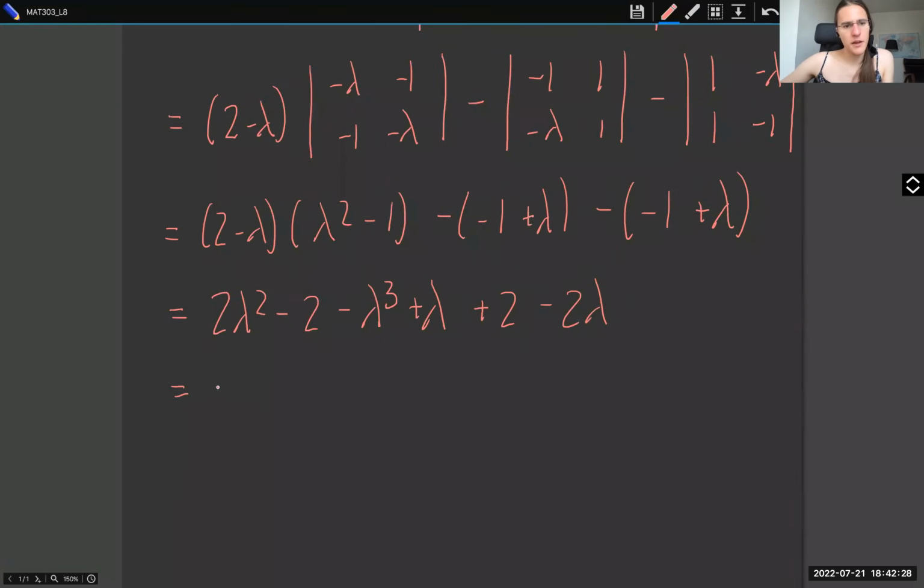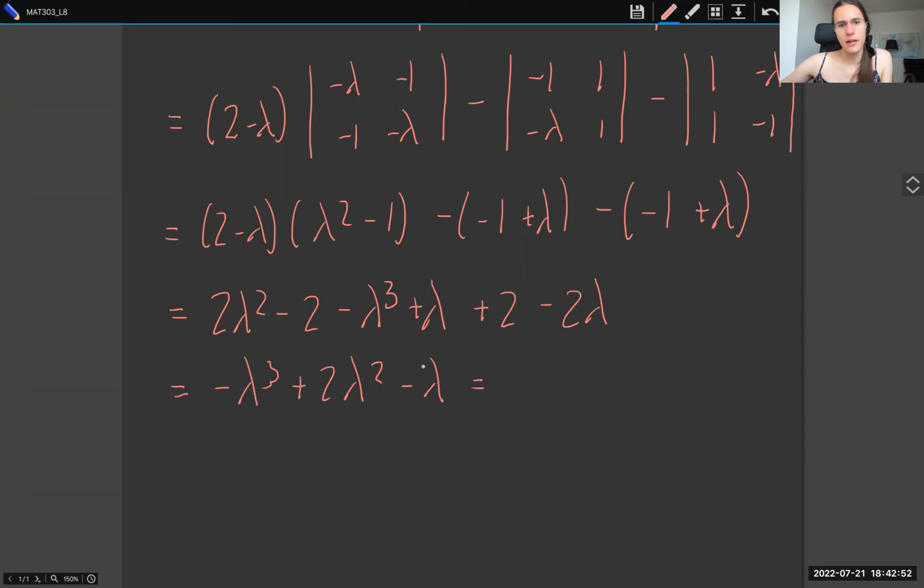And that becomes minus lambda cubed. Then let's look at the lambda terms. We have lambda squared, +2 lambda squared. Then lambda minus 2 lambda, we get minus lambda. And then the +2 and the -2 cancel out.